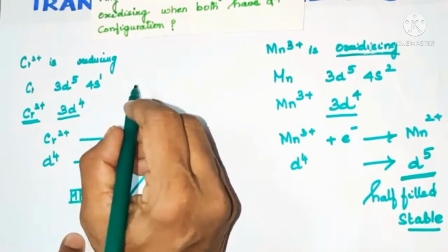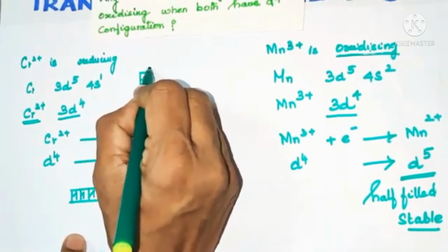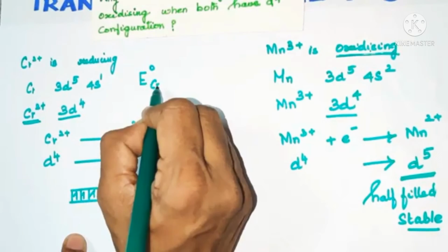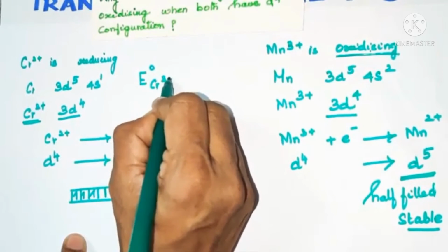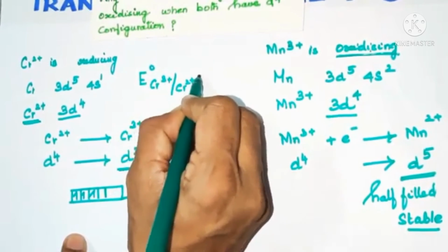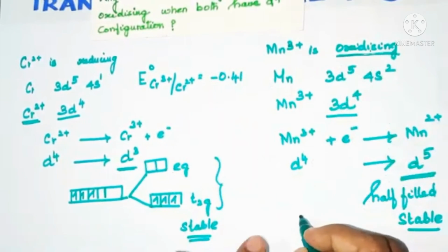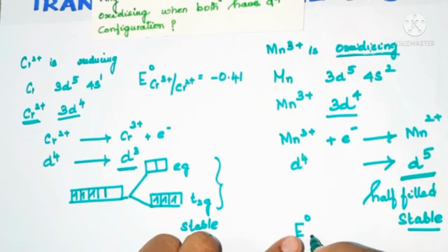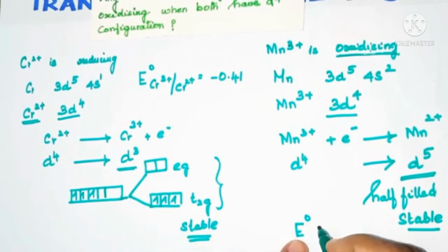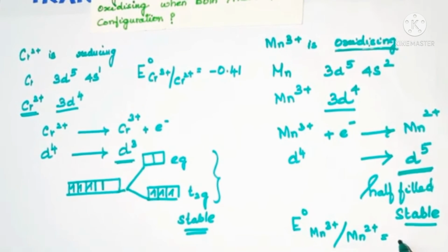In the second aspect, the E0 value for the couple Cr2 plus changing into Cr3 plus is minus 0.41 volt, whereas the E0 value for the couple Mn3 plus and Mn2 plus is plus 1.51 volt.